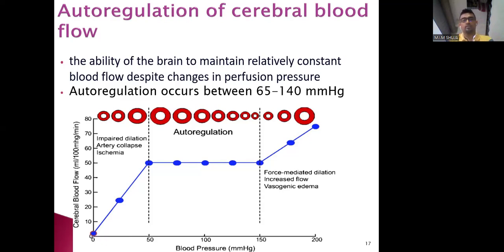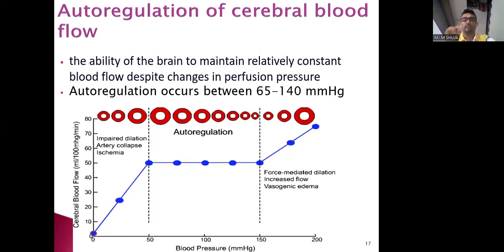Autoregulation occurs between 65 to 140 millimeter mercury pressure because your brain is one of the vital organs. It needs blood supply, or oxygen supply, constantly and continuously. If the blood supply to your brain is reduced when there is a reduction in blood pressure, brain death can happen. So the body itself has its natural phenomenon to keep the blood flow constant.